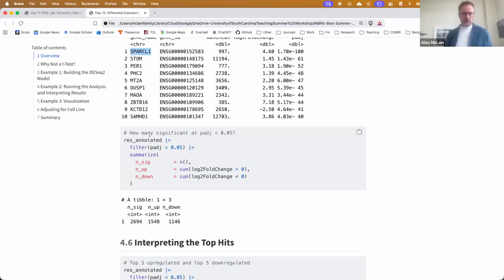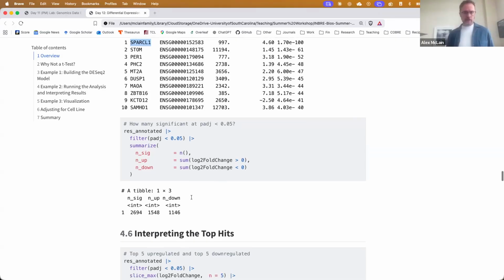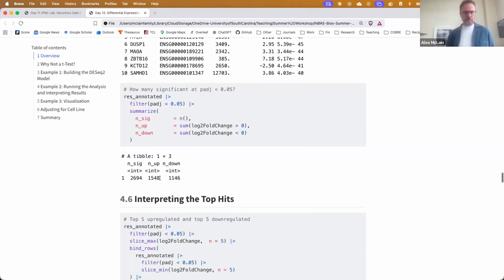How many significant genes at the 0.05 level? So here we're filtering by p-adjust less than 0.05, and we're looking at how many there are total, how many are upregulated, how many are downregulated, and we can see the results right here.